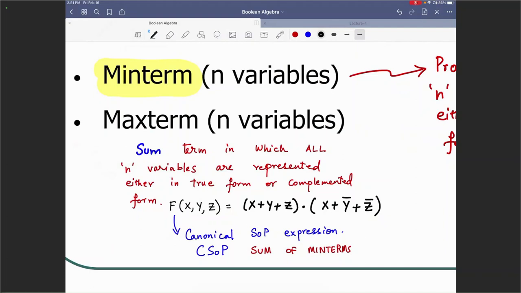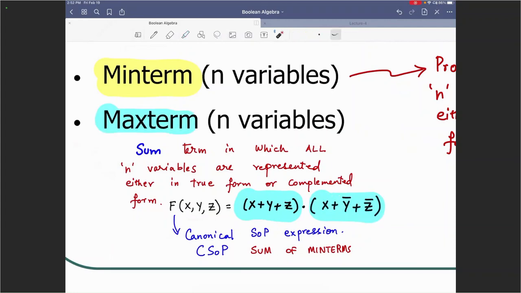Now, as you can see, f was dependent on x, y, and z. All 3 of them are represented in both these sum terms. So this would be max term number 1, max term number 2. Let me separate that a little bit. And those are your max terms.